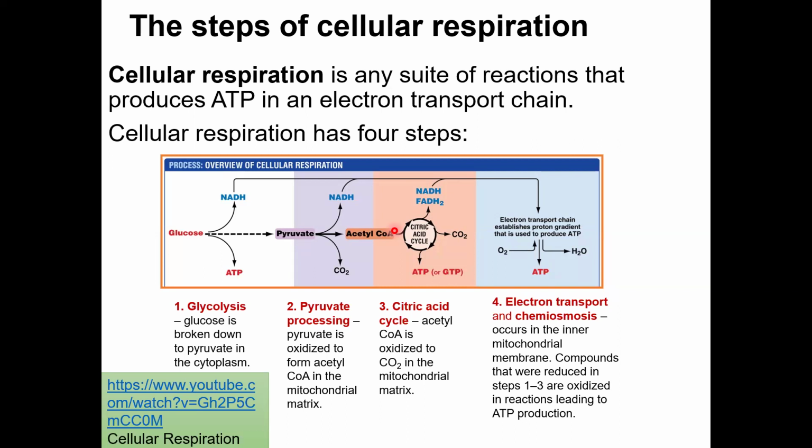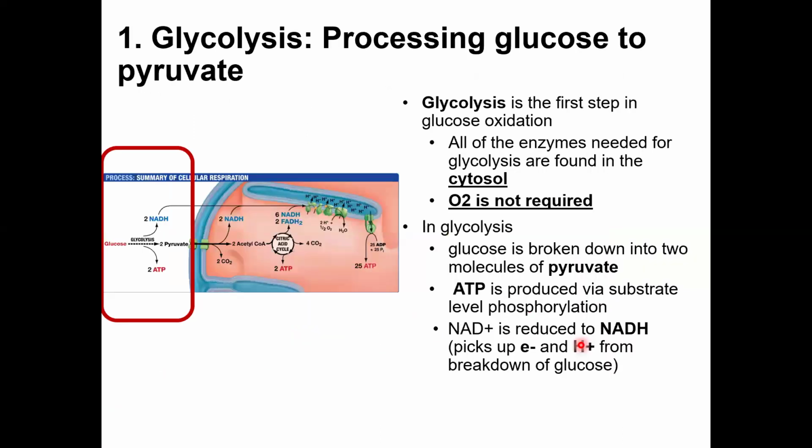It has 4 different steps: glycolysis, pyruvate processing, the citric acid cycle, and the electron transport and chemiosmosis. We'll talk about these more in depth in the next few slides.